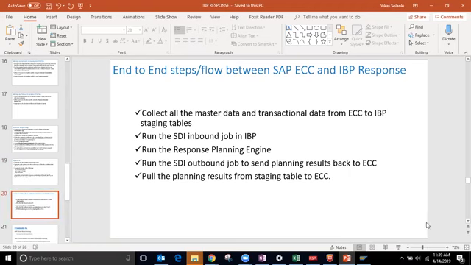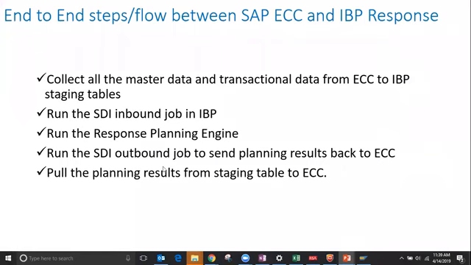So overall, when we perform this response planning, if we summarize all these steps, your data should be there in a staging table. You have to run this inbound job. You have to take a response run. How to take a response, that also I'll show you.